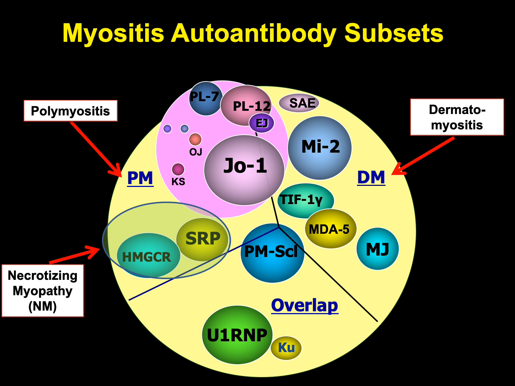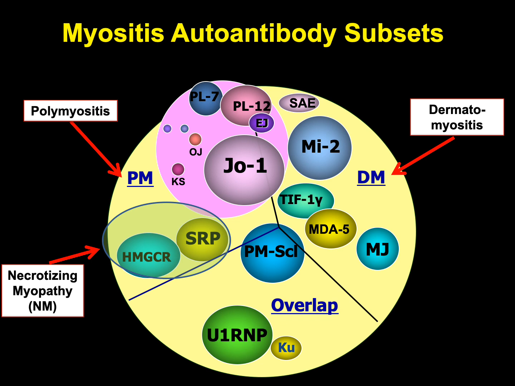Now, you see that on this bigger circle, there are many bubbles, and each bubble represents a unique myositis autoantibody that has been discovered and is known and can be tested. As you can see in the dermatomyositis subset, there are 5 different myositis autoantibodies that could be present.